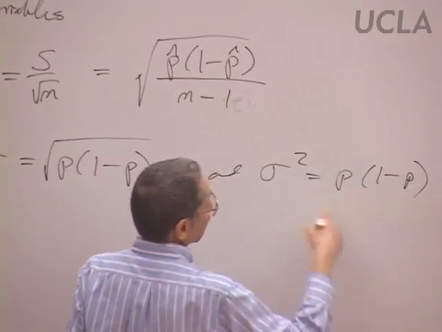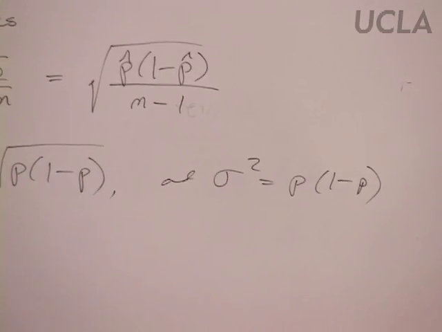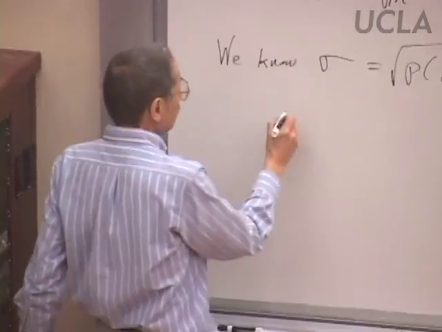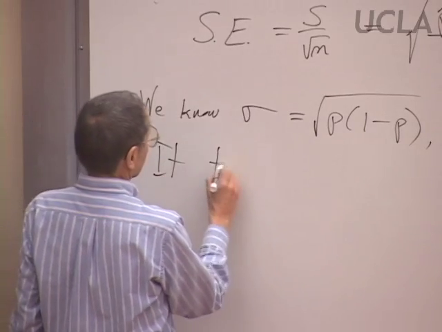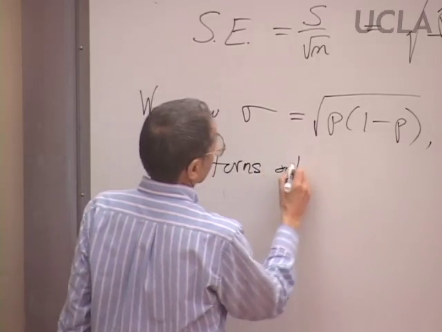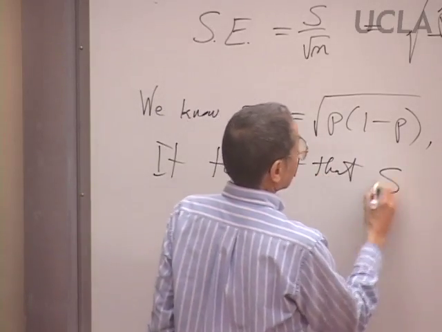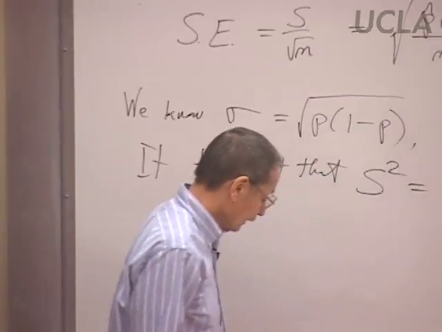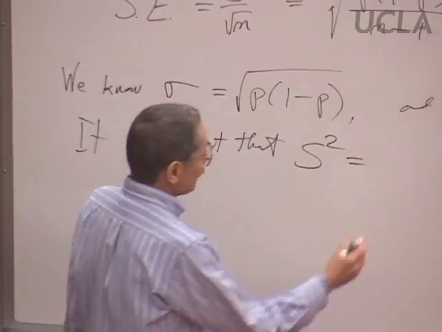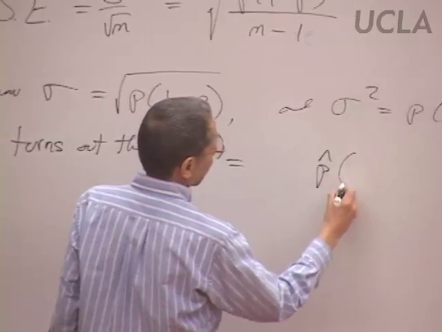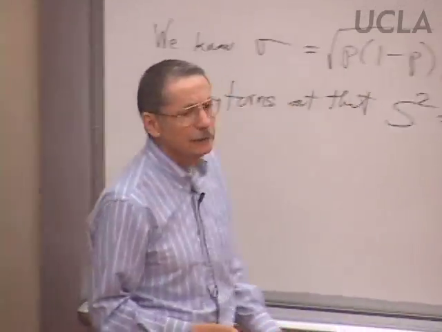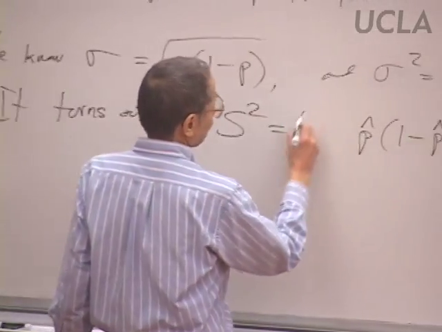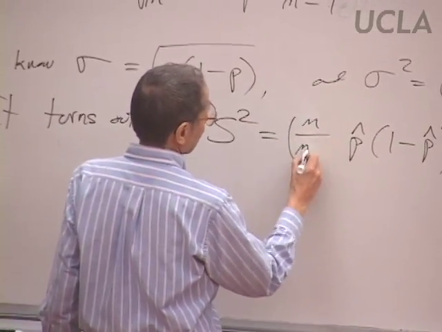The variance is p times 1 minus p. So it's not all that surprising that the sample variance is going to be close to p hat times 1 minus p hat. Not quite. There's a fudge factor of n over n minus 1.